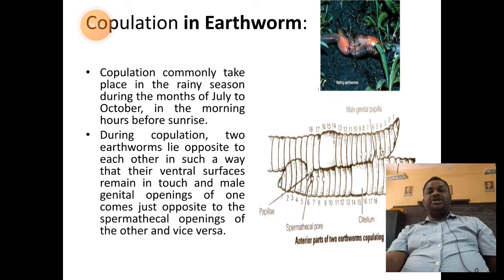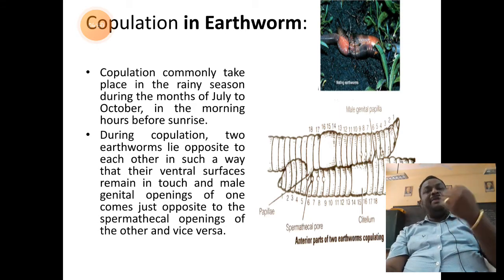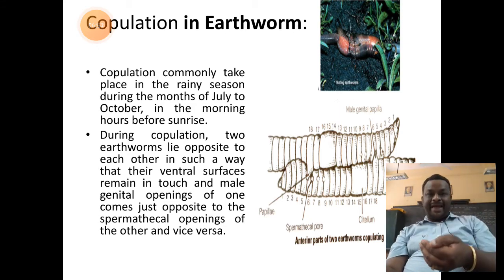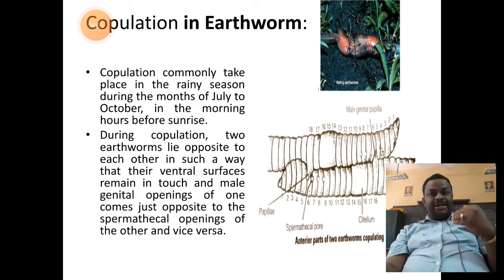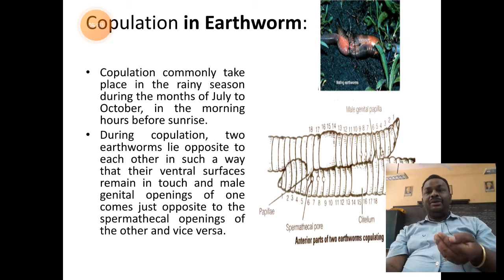In this position, the male genital apertures of each worm lie opposite to the spermathecal pores of the other organism. I repeat, the spermathecal apertures of one organism will be opposing the male genital apertures of another organism.